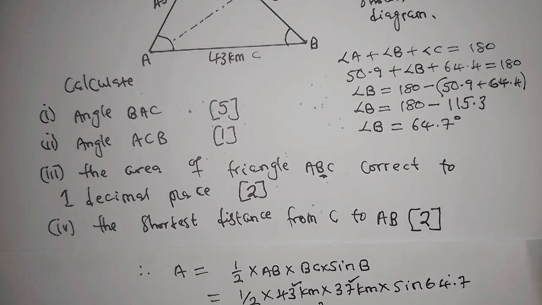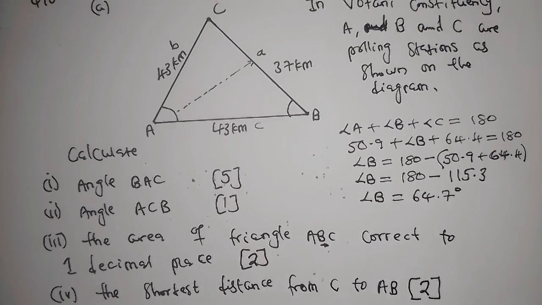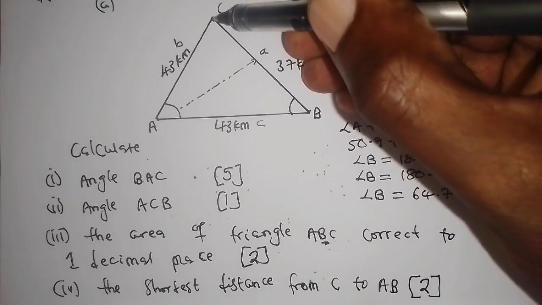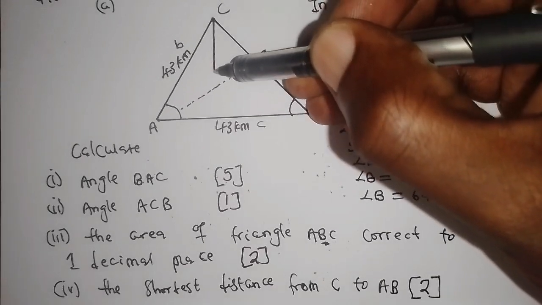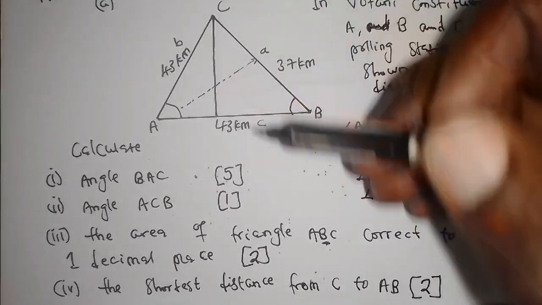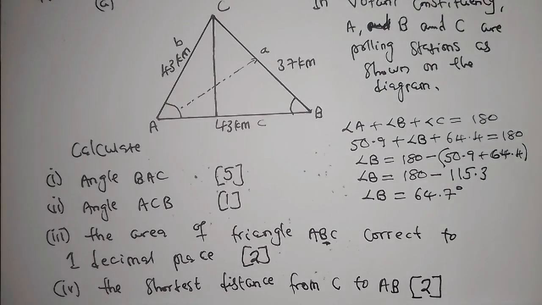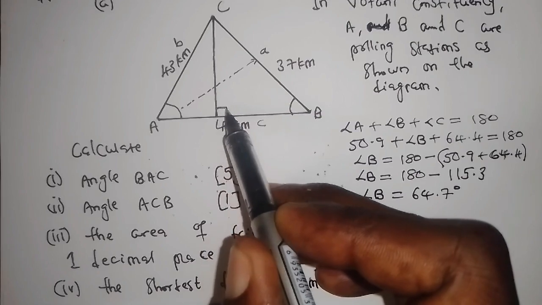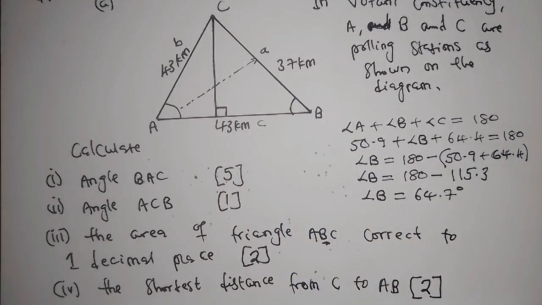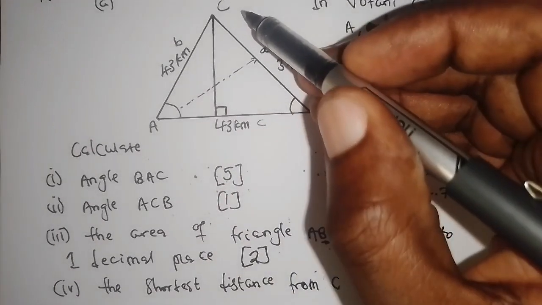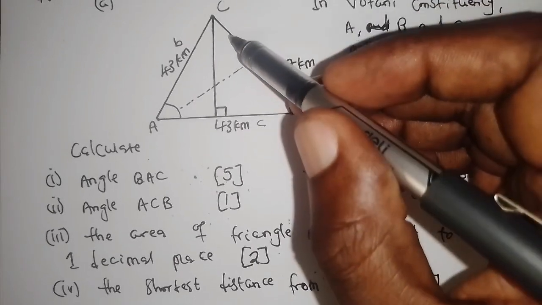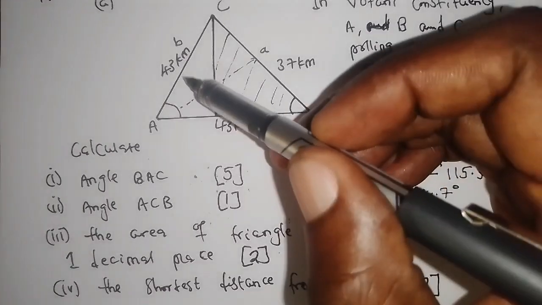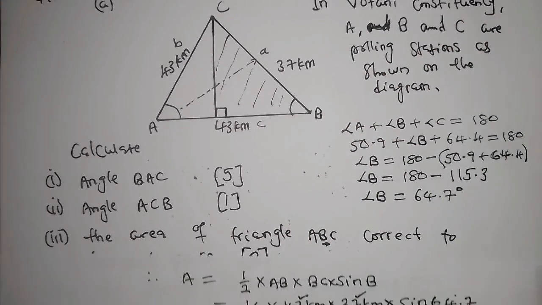What they mean by the shortest distance from C to AB is that you have to cut somewhere here, and this is going to form a right angle triangle, which you can use, or even the other side.